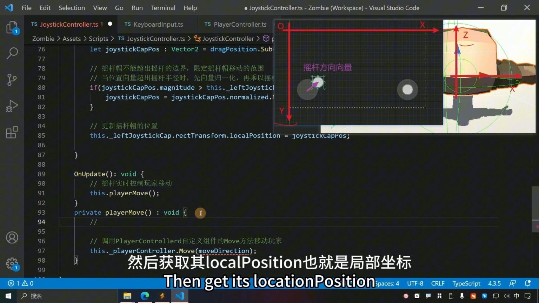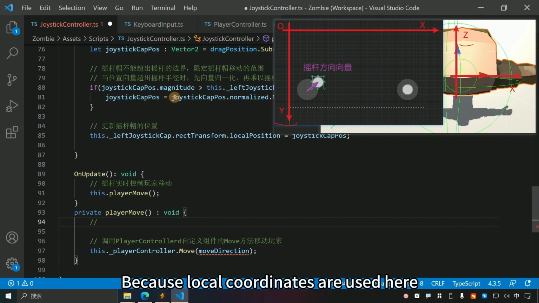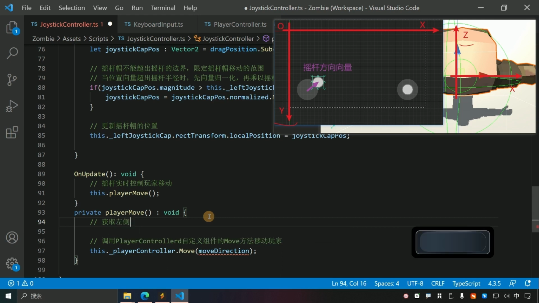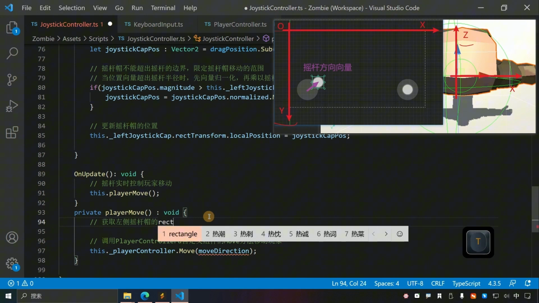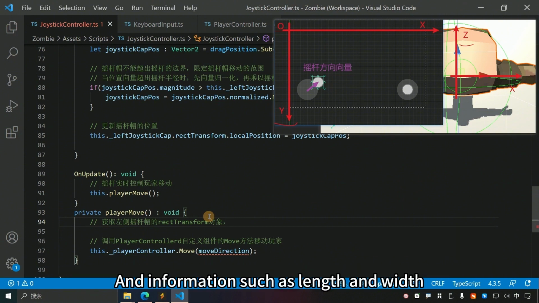Then get its local position. That's the local coordinates, which returns a two-dimensional vector. The coordinates of the joystick are encapsulated in this object, along with information such as length and width.